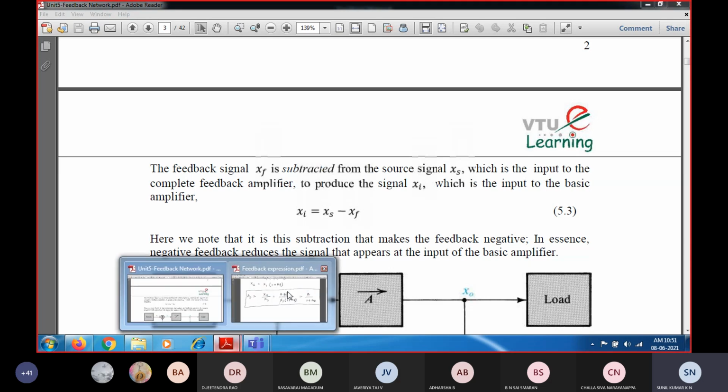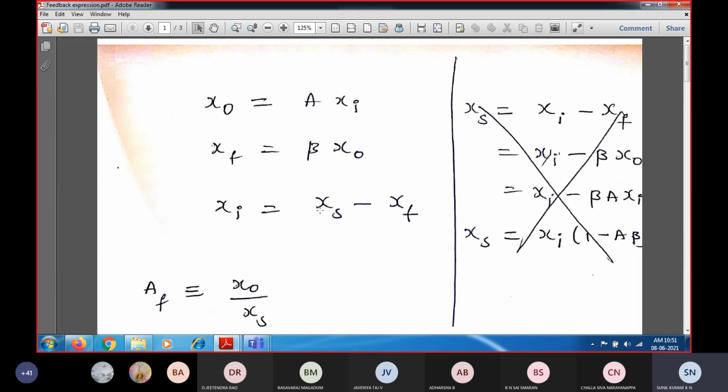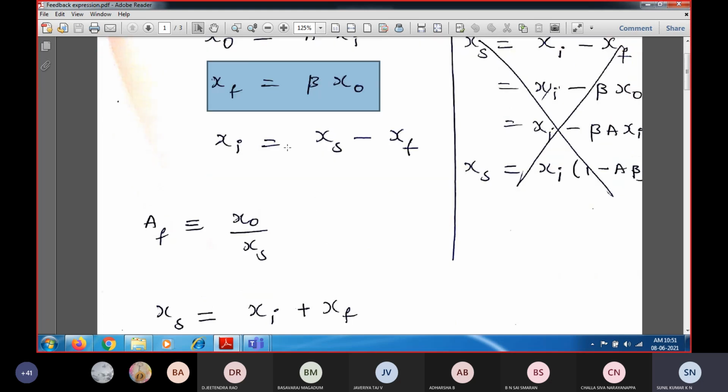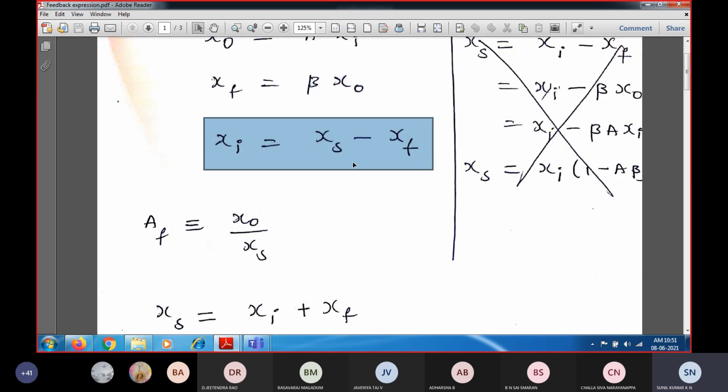The same thing I have just written over here again. x naught is given by A times xi. xf is the output of the feedback network, given by beta times x naught. xi is the difference xs minus xf.